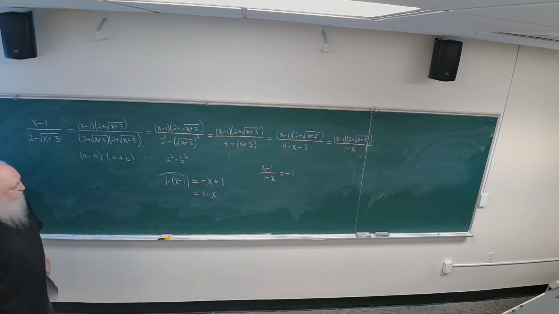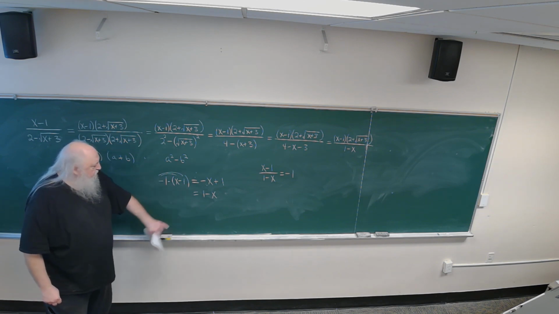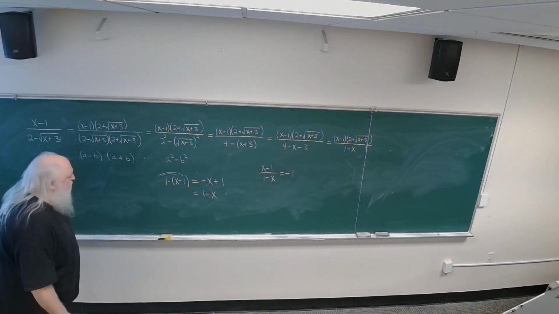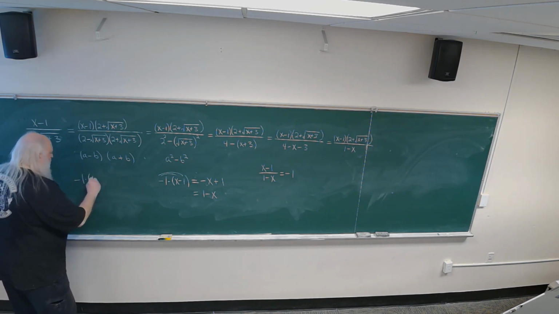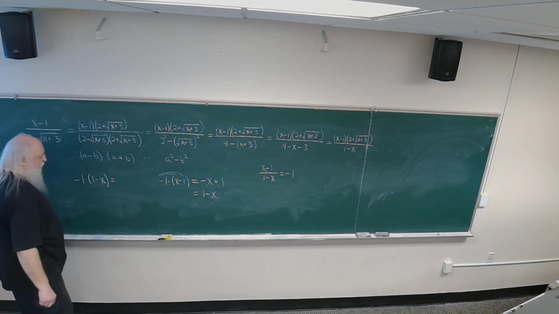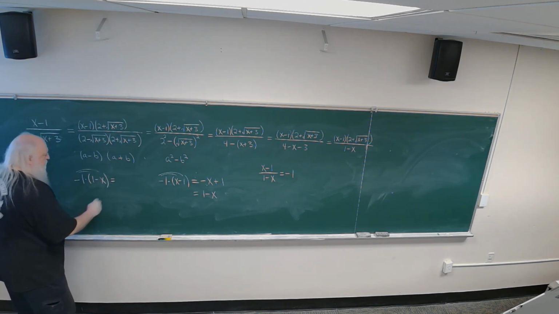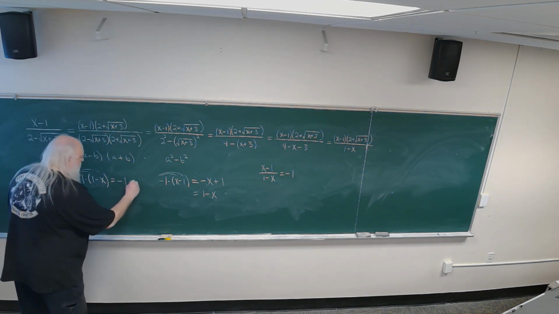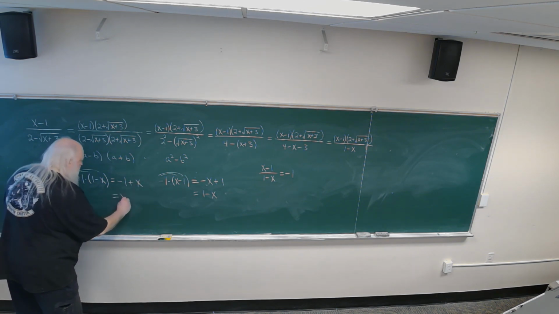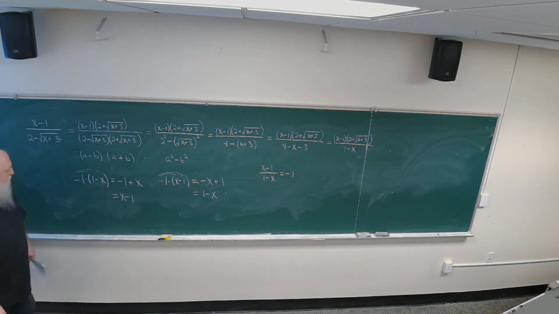That's a true statement: minus 1 times x minus 1 is equal to 1 minus x. If I multiply 1 minus x by negative 1, minus 1 times 1 is minus 1, minus 1 times minus x is plus x, and minus 1 plus x is the same as x minus 1. So 1 minus x and x minus 1 just differ by a factor of minus 1.